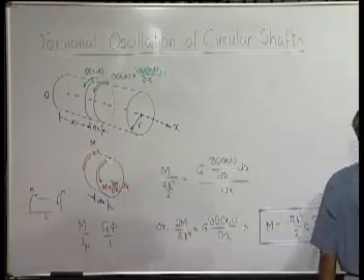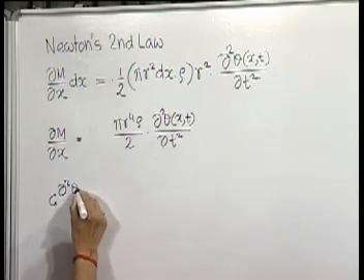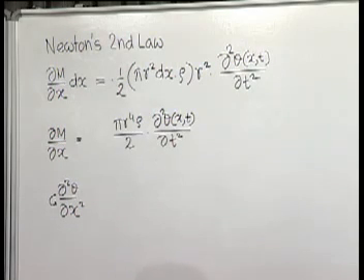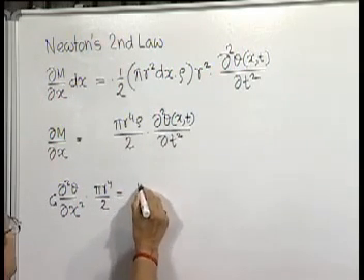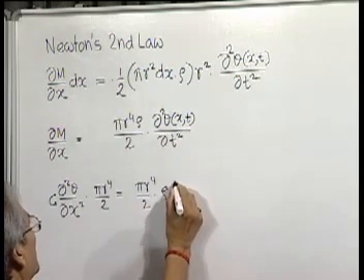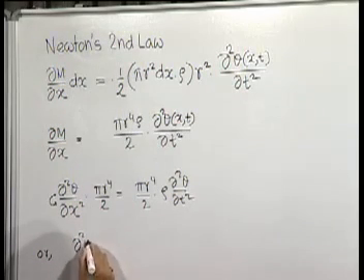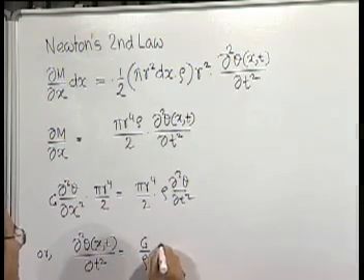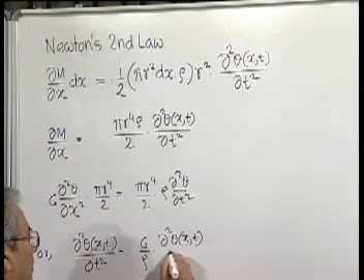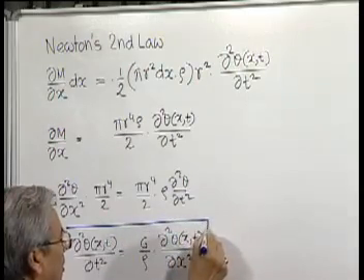Using this m and substituting it here, we get del m del x will be equal to G del 2 theta del x 2 into pi r to the power 4 by 2 is equal to pi r to the power 4 by 2 rho, or finally we get an equation which is identical in form with the equation of motion for longitudinal oscillation of a bar.